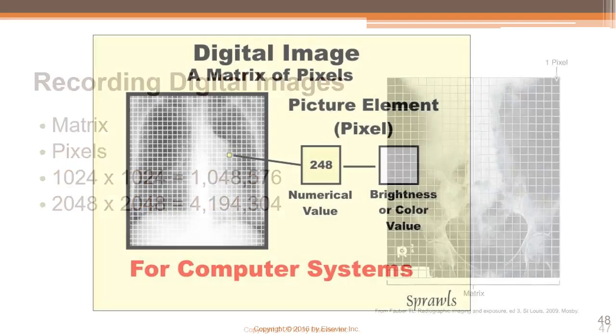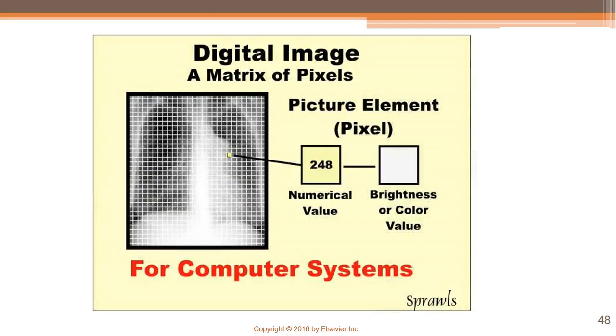Alright, so with this digital image, it's made up of a matrix of many small elements or pixels. So this gives you a little bit better visualization. And by the way, these images are from Sprawls, which are also available to you on Blackboard, so you can look through those. Each pixel is represented by a numerical value, and in general the value is related to the brightness or color.